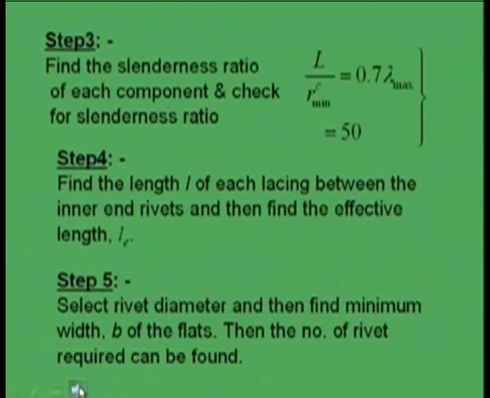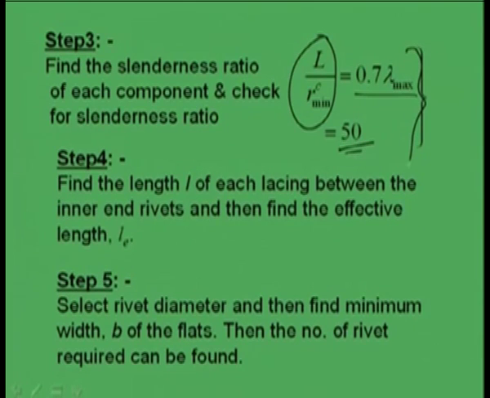Next we will check the slenderness ratio, whether L by r_c minimum is exceeding 0.7 lambda max or not, and 50 or not. That means we have to check that this should not exceed 50 or 0.7 lambda max.